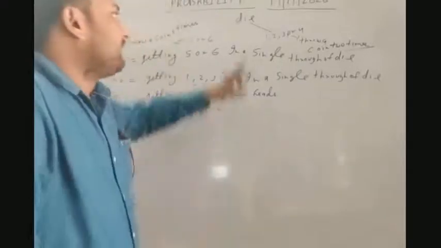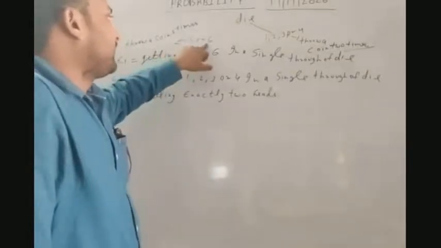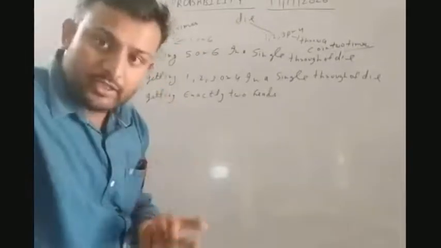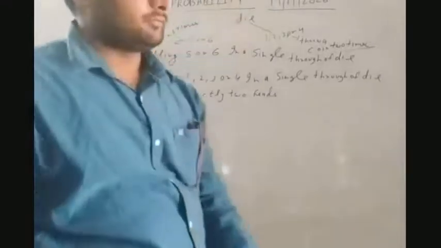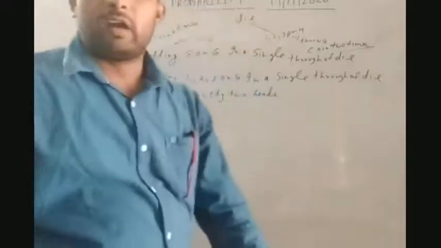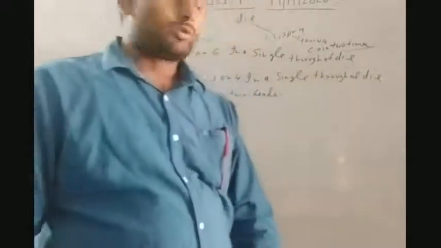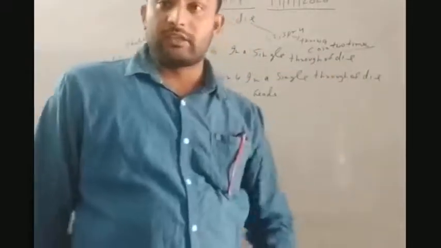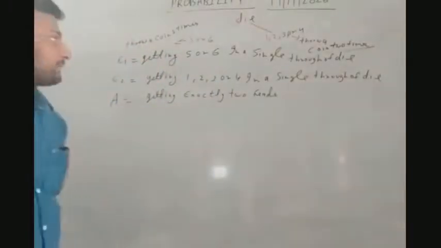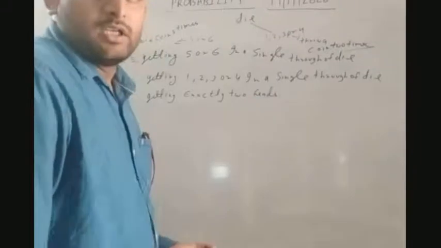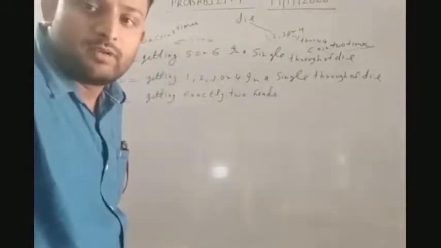Okay. This is our information from the question. A girl has a die and she is rolling it. If she gets 5 or 6, then she tosses a coin 3 times, and if she gets the number 1, 2, 3 or 4, she throws a coin 2 times. In both cases, she is noting the number of heads.